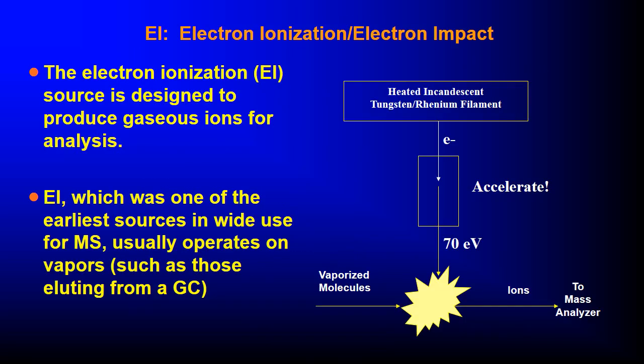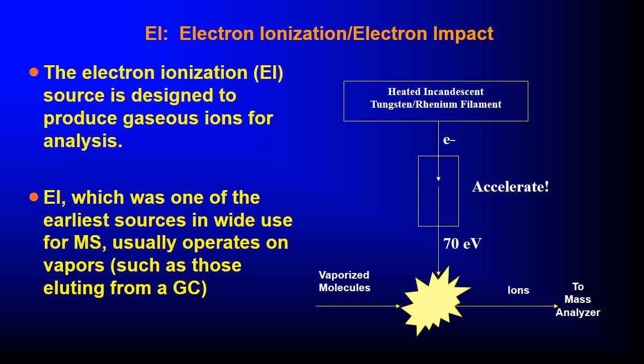Electron ionization sources are designed to produce gaseous ions for analysis. Electron ionization, which was one of the earliest sources in wide use for mass spectrometry, usually operates on vapors such as those eluting from gas chromatography.